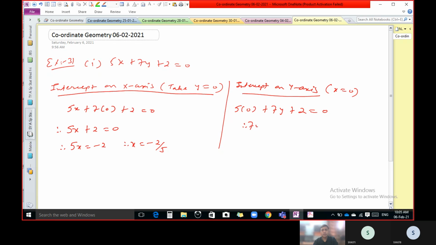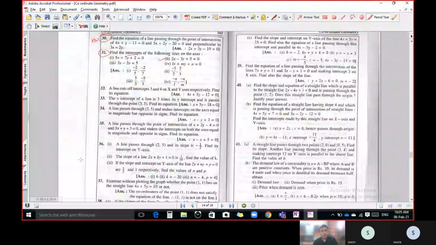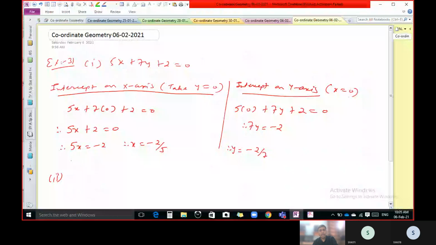Same way, question number 2. What we have to do? Same thing, you can write the direct answer. The question is 2x minus 3y plus 5 equal to 0. Put x is 0 and tell me the value.